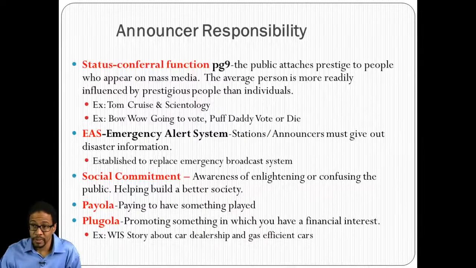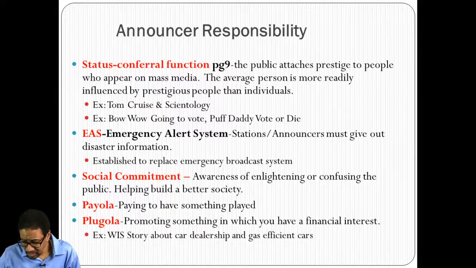Then management talks with everybody at the station. They have a big list of, okay, these are the people who spend money with us.